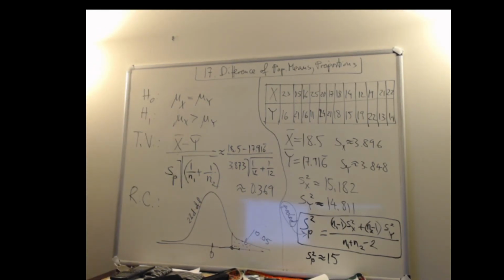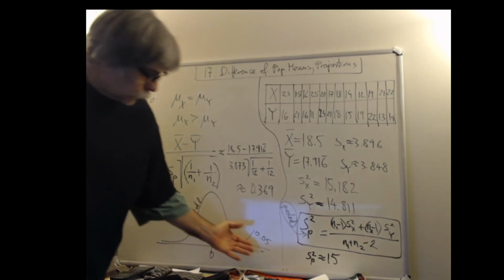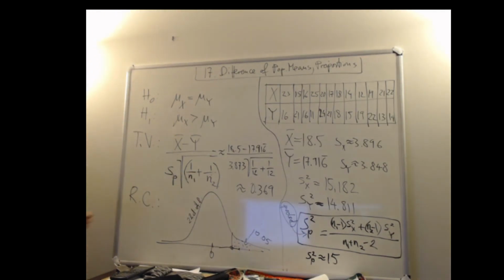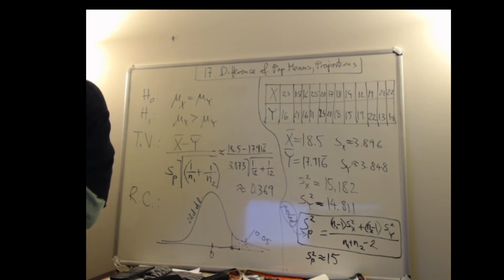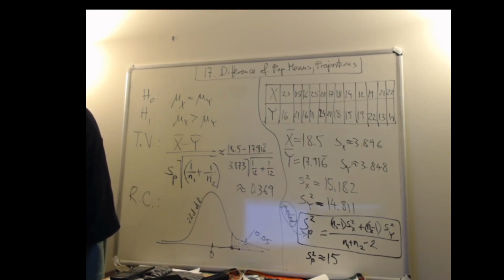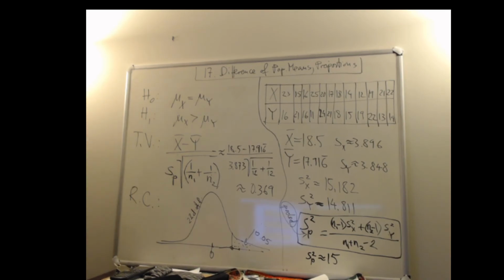T curve. 5% tail. Look at the T tables. 5% tail, 22 degrees of freedom. My number is 1.717.